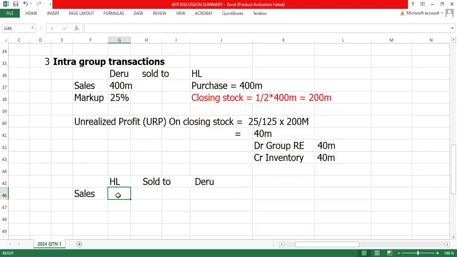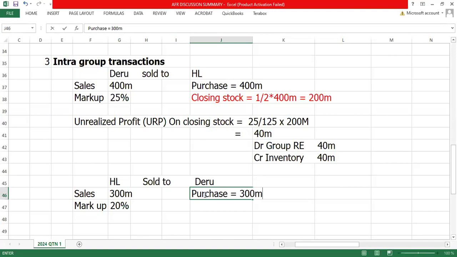So here it will be 300 million, and you have the markup of 20%. It means that these guys recorded a purchase of 300 million.